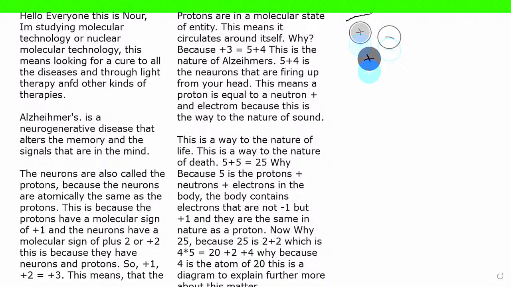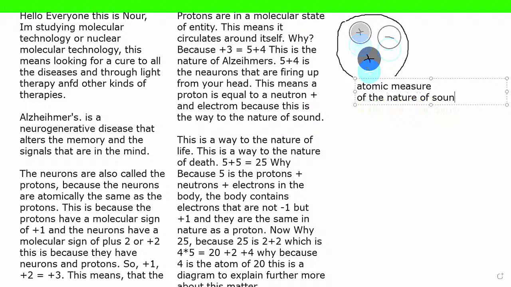When they all combine together, they form something called atomic measure of sound and atomic measure of the nature of sound and attention.